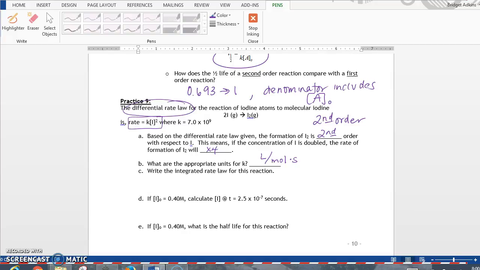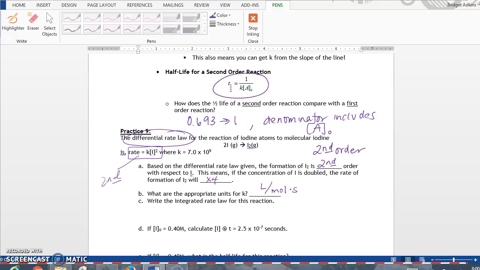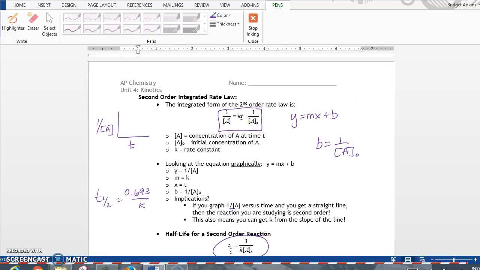They want us to write out the integrated rate law, and if you are unfamiliar with kinetics, you might think, how in the world am I supposed to do that? But if we know that the differential is saying it's second order, then we can go to our formula sheet, and we know that second order kinetics is 1 over the concentration.